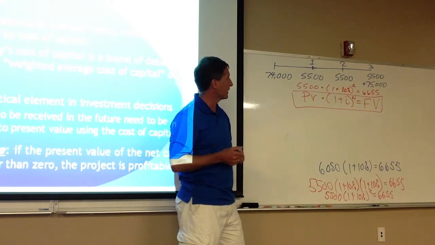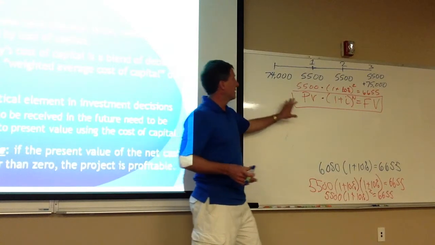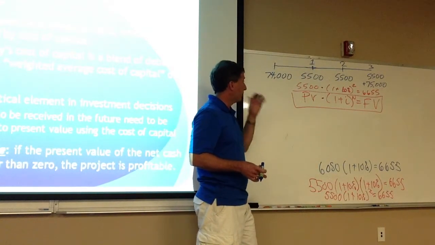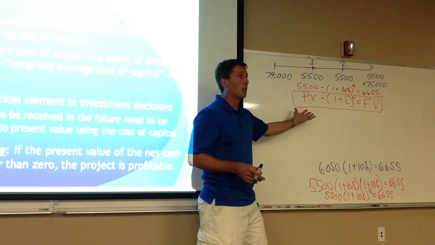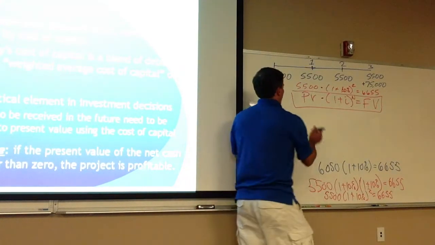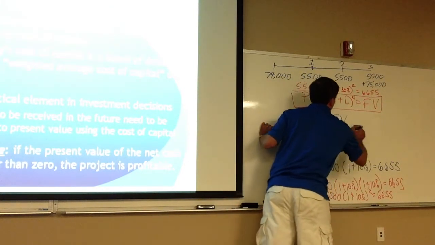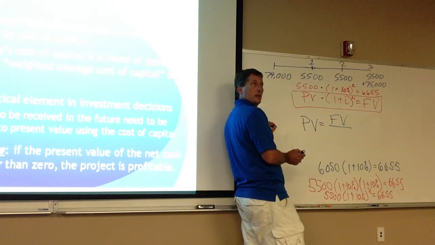All right, so now we can show the present value of future sums really easily now. The present value is equal to the future value divided by this little chunk.